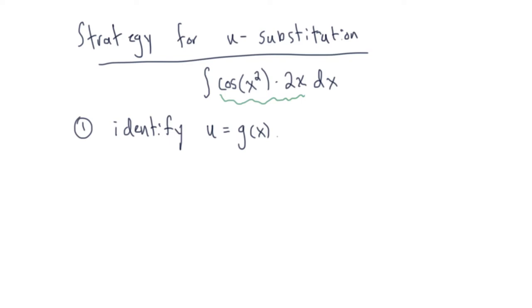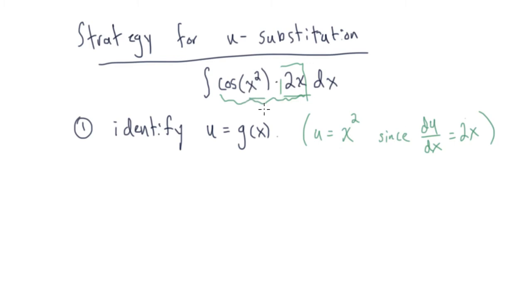Okay, so notice that in this case, I want to let u be x squared. Okay, and so why did I choose x squared? Since du dx is 2x, and 2x is a factor of the integrand.